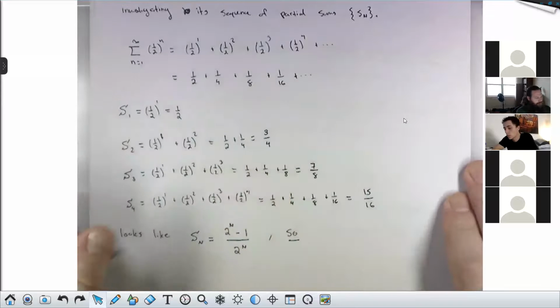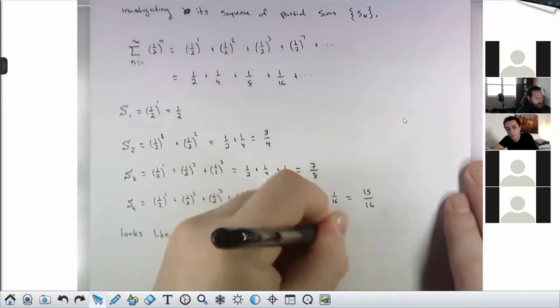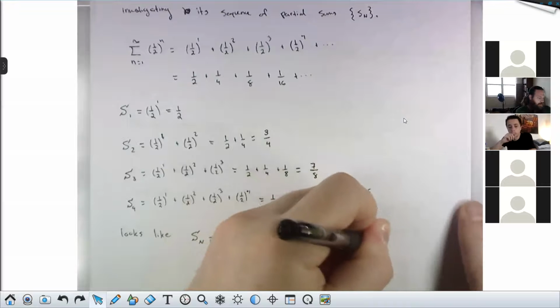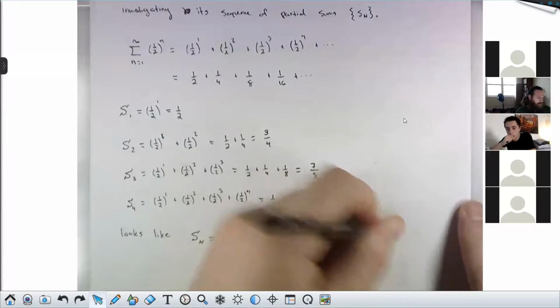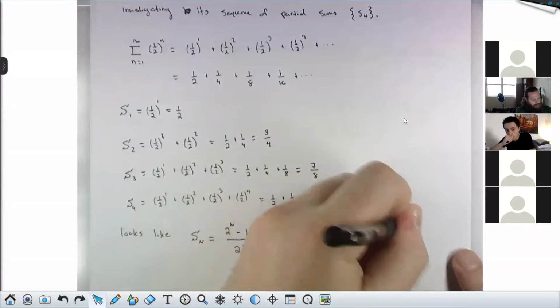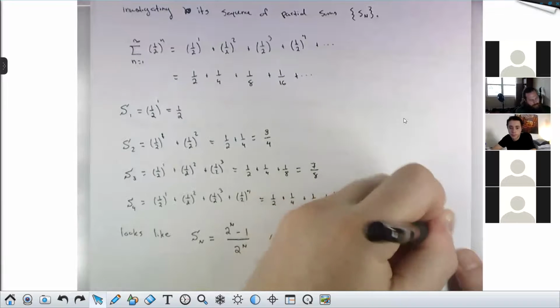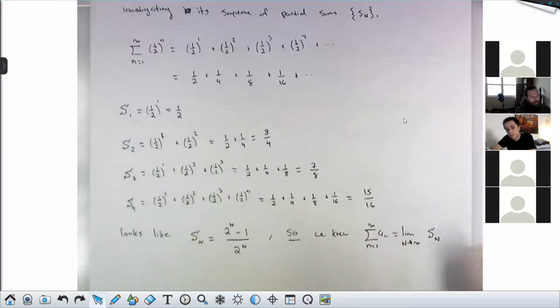So we know that in general, the sum from 1 to infinity of an is the limit as capital N goes to infinity of Sn.